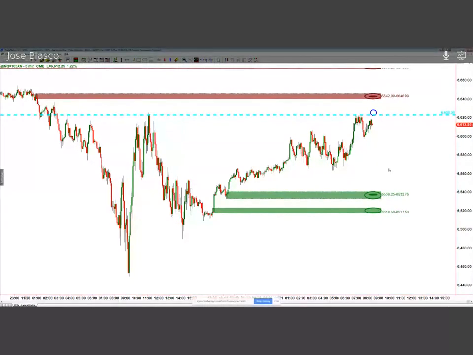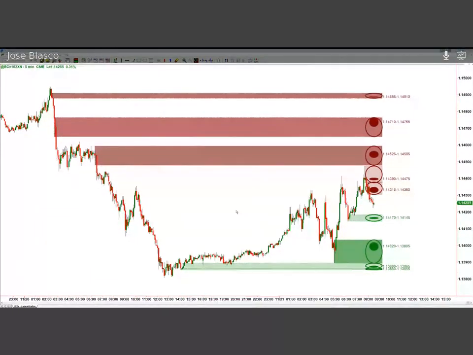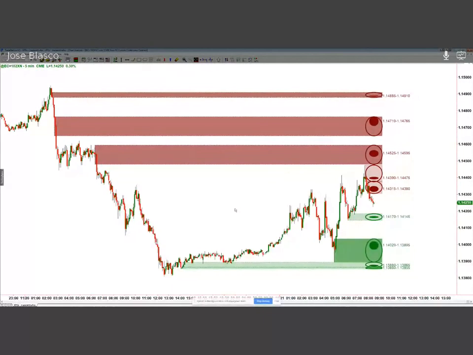Let me see if we find a different setup. So what if we look at the Euro futures, 5-minute time frame. Let's see what we have. Yeah, we got plenty of UFOs on top of each other, so too much color and very little white.